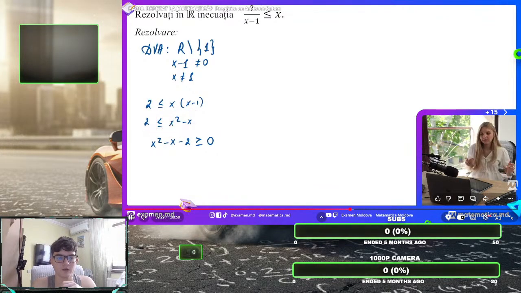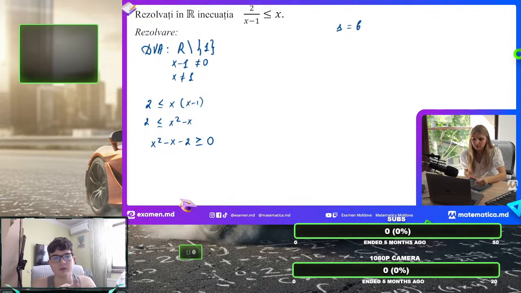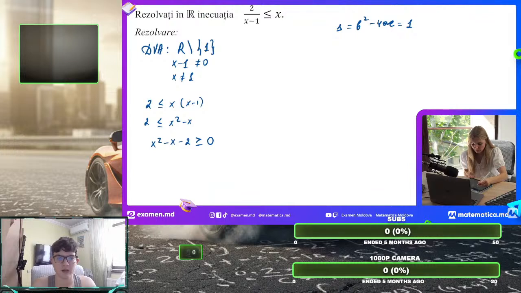Okay, now get values. Delta right here. B to the second power, it's going to be just 1. Formula for you, we just used it 10,000 times. Minus 4, so it's going to be 9 because it's plus 8.